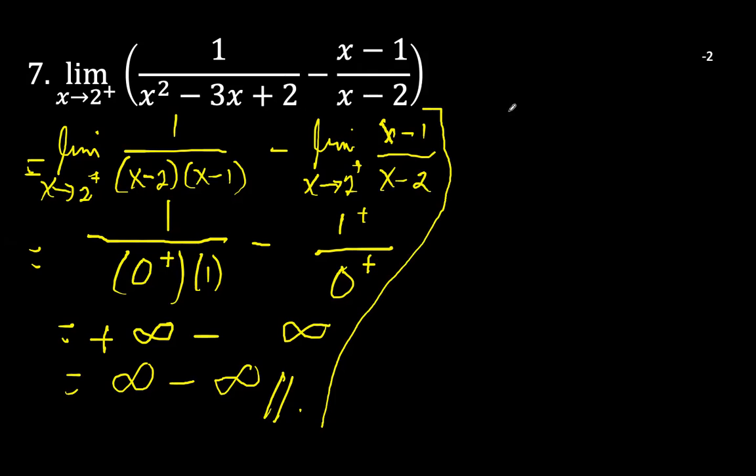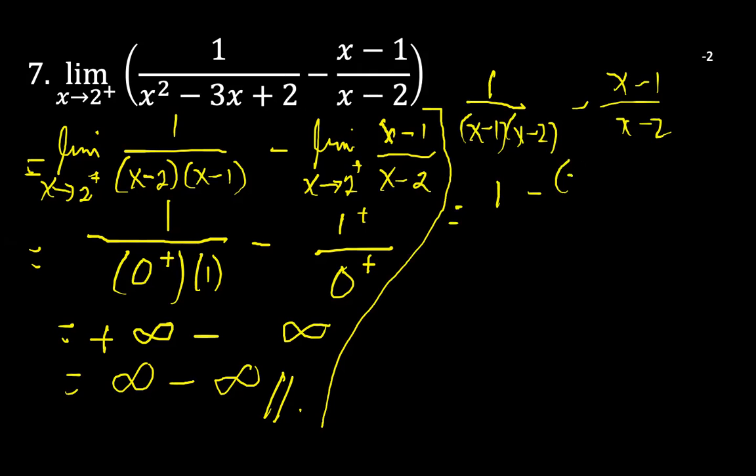So I will consider the function first, so that's 1 over x minus 1 times x minus 2 minus x minus 1 over x minus 2, okay? So let's subtract the 2. We have 1 minus x minus 1 times x minus 1 all over x minus 1 times x minus 2.